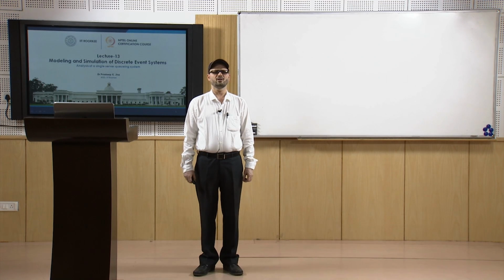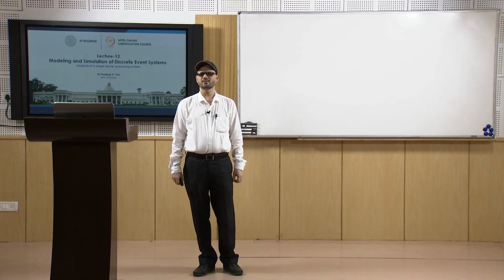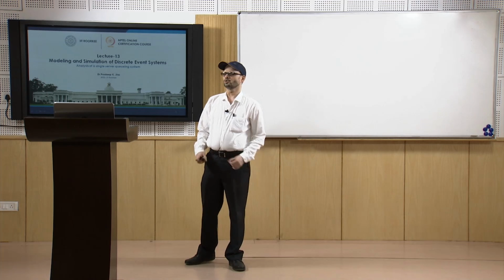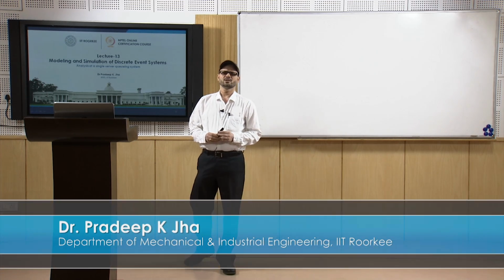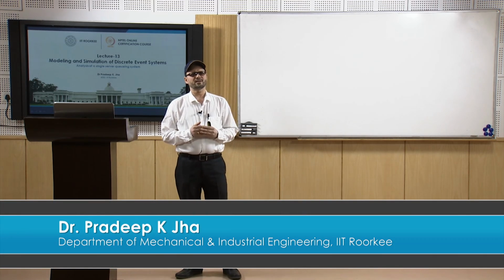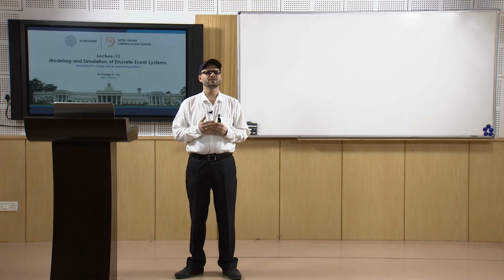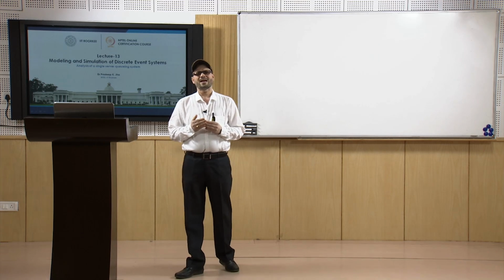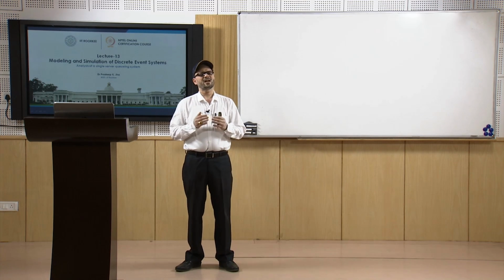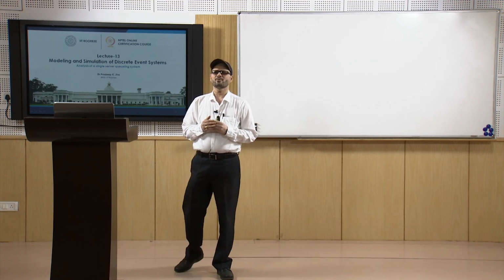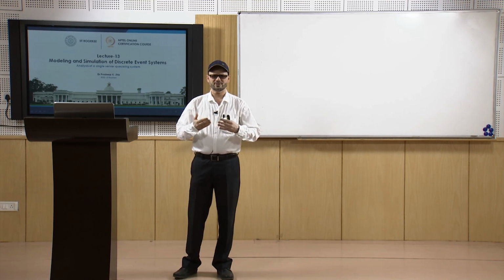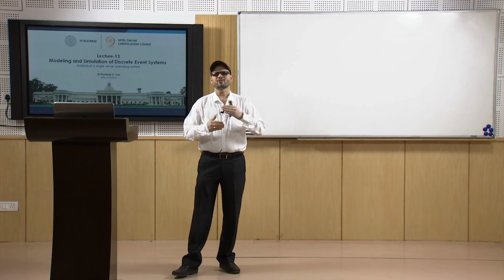Welcome to the lecture on analysis of a single server queuing system. In this class we will discuss the theoretical aspects, how we find the derivation for the steady state probability of having n customers at any time t, or the steady state probability of other parameters, or the average number of customers in the queue.